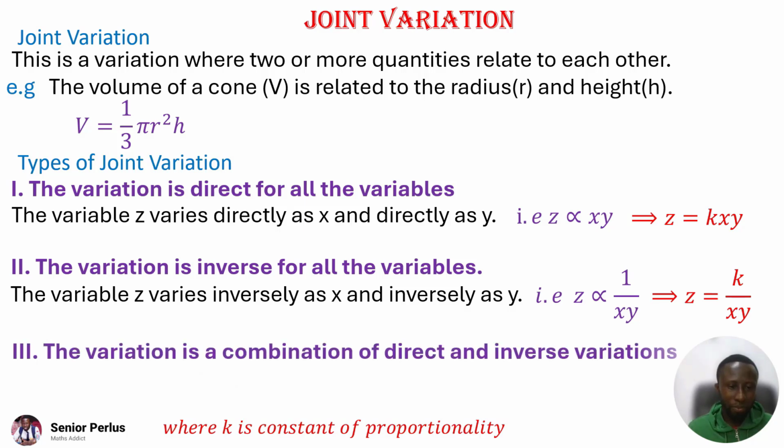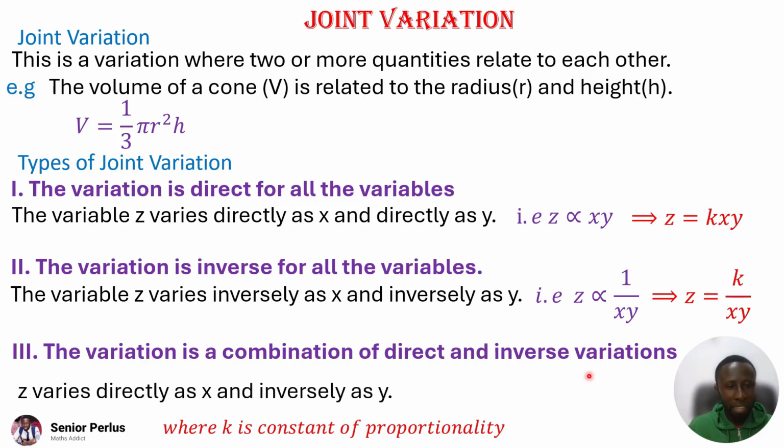The last one is where the variation is a combination of direct and inverse variation. They can combine the two of them. So under joint variation, it can be all direct, all inverse, or both direct and inverse. I have an example here. Z varies directly as x and inversely as y.